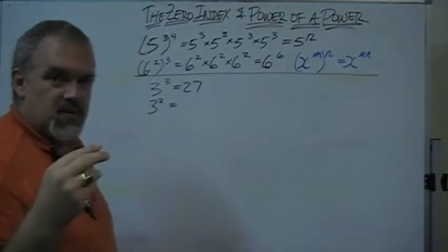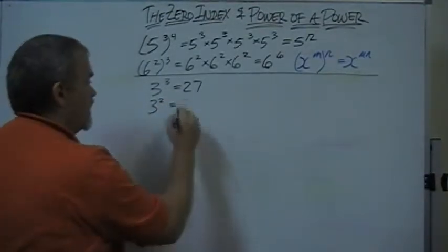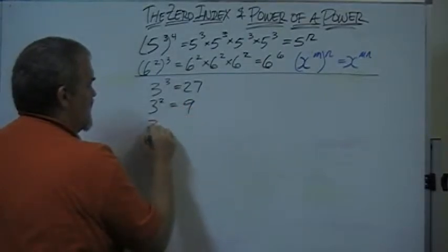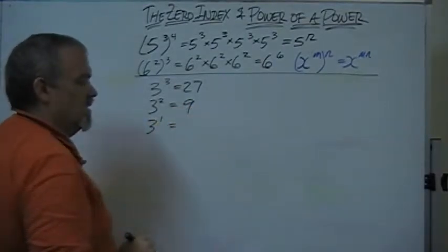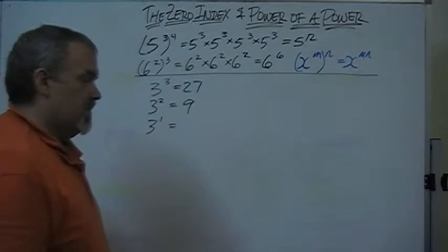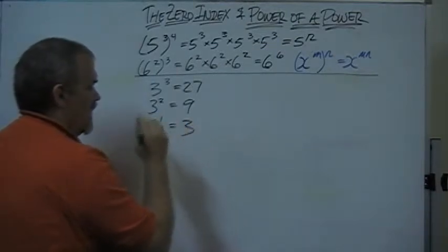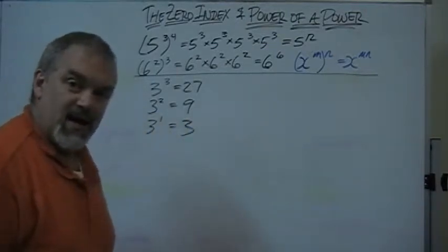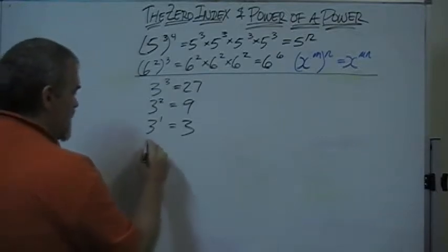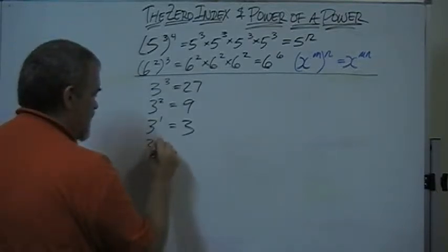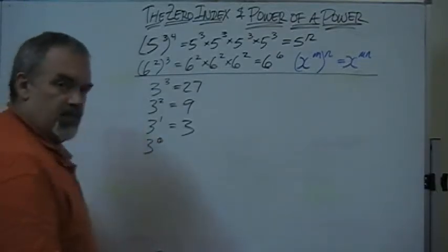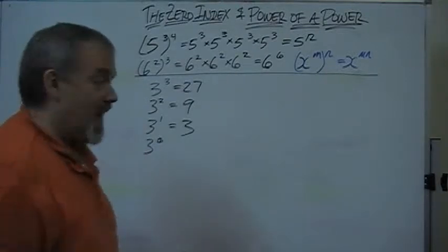Now what if I reduce that by 1 and I make it 3 squared? Well, 3 times 3 is 9. Or if I did 3 to the 1st, which is just 3. Now, what have we done here if we're following this process? Because my next question is, what is 3 to the power of 0? In order to think about that, think about this.